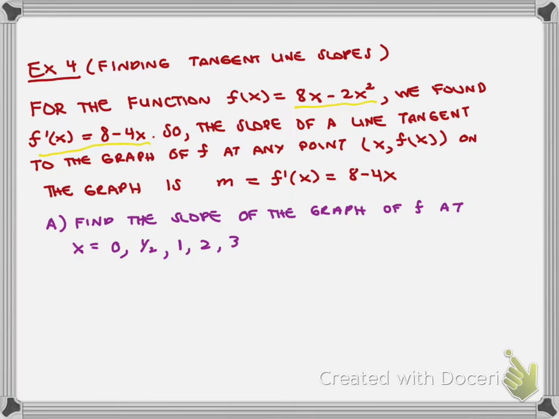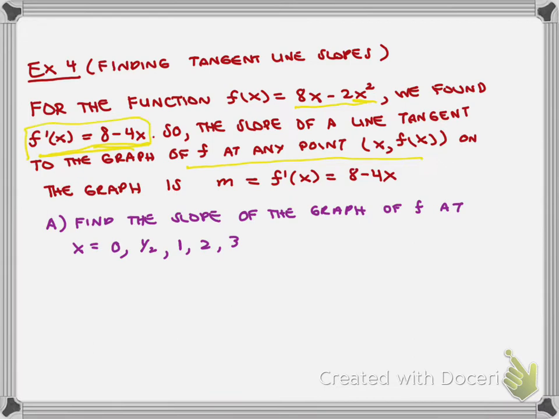So this derivative tells us the slope of a line tangent to the graph of f at any point, because remember, f of x is a quadratic, not a line. For any nonlinear function, the slopes will change at various points on the graph. It's not constant like on a line where the slope is a constant number. And so this derivative is the slope of the tangent line.